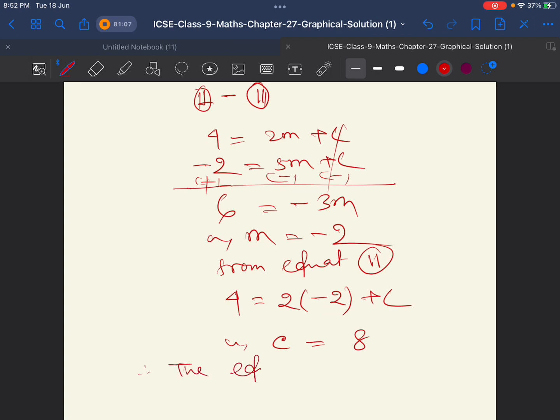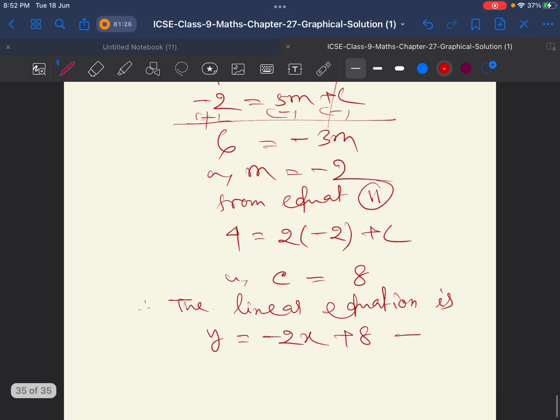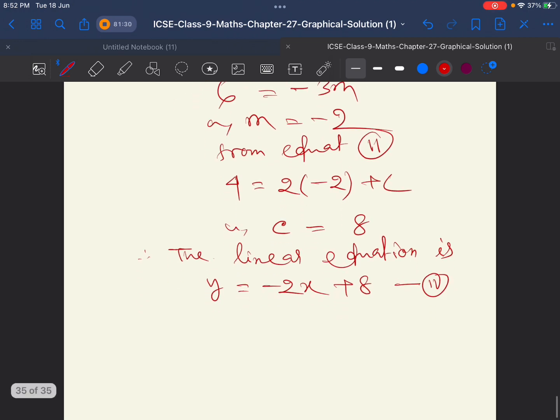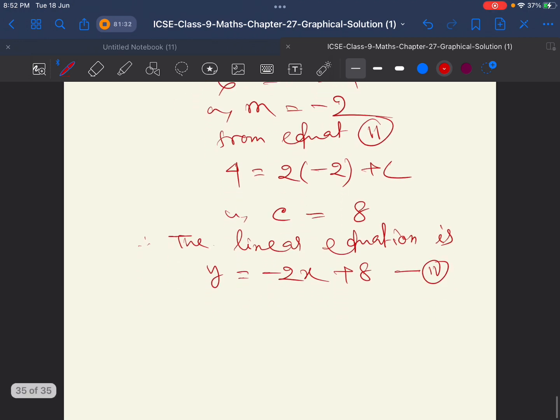So c equals 8. Hence the linear equation is y equals (m minus 2)x plus 8. This is equation 4.